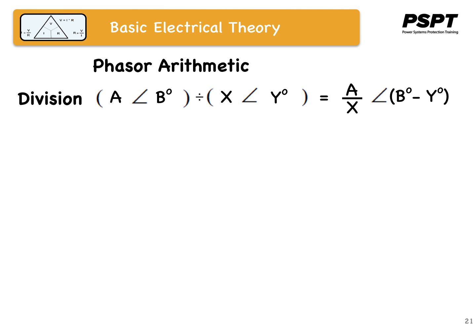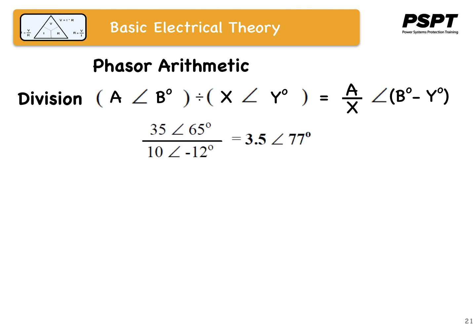So in our generic example here, we have a phasor of A at B degrees divided by a phasor X at Y degrees. A divided by X would give you the magnitude of the division, and you would subtract Y degrees from B degrees to give you the resultant angle that you are looking for.